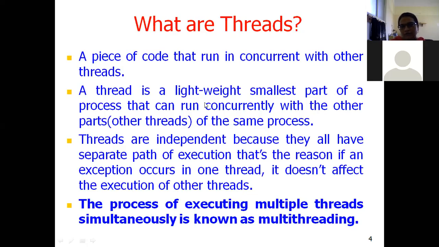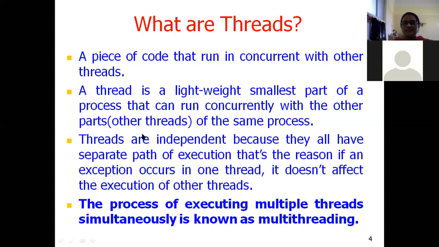So if in the exam or in the test they ask a question like what is a thread, you have to write it as: a thread is a lightweight smallest part of a process that can run concurrently with the other parts or other threads. So the definition of a thread is this. Or you can write: a piece of code that runs concurrently with other threads. Either this or this you can write.